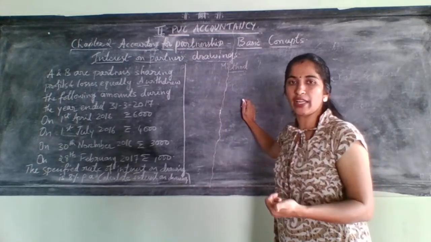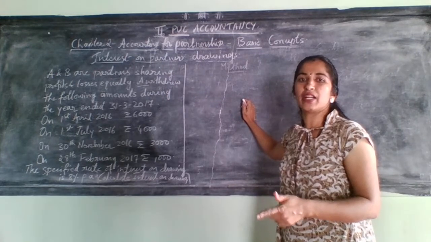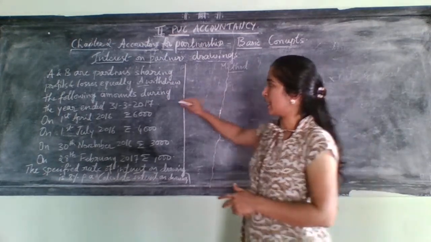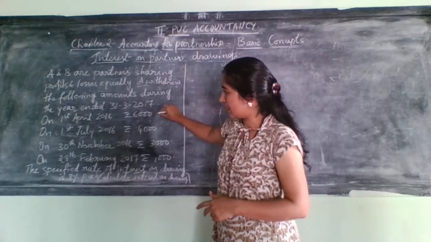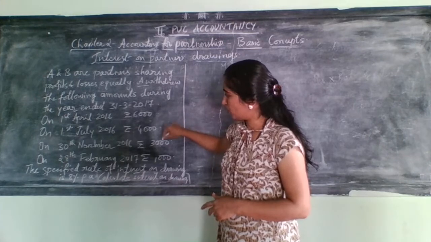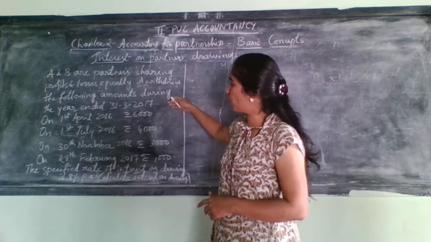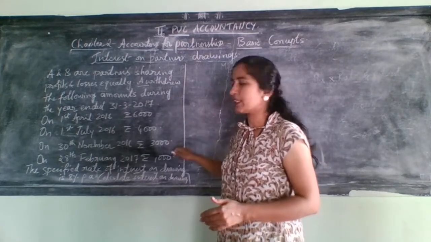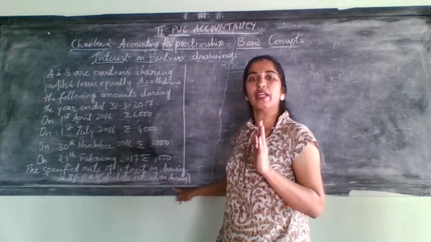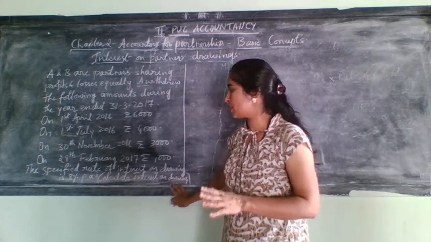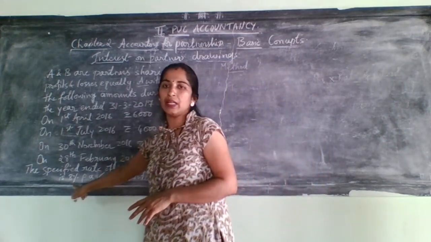Amount of drawing into outstanding months into rate of interest. Outstanding month we need to calculate for each drawing. He has withdrawn the amount four times, so four times you need to calculate outstanding month, but in all the cases the rate of interest will be the same. It will not change at all. It is 8%.